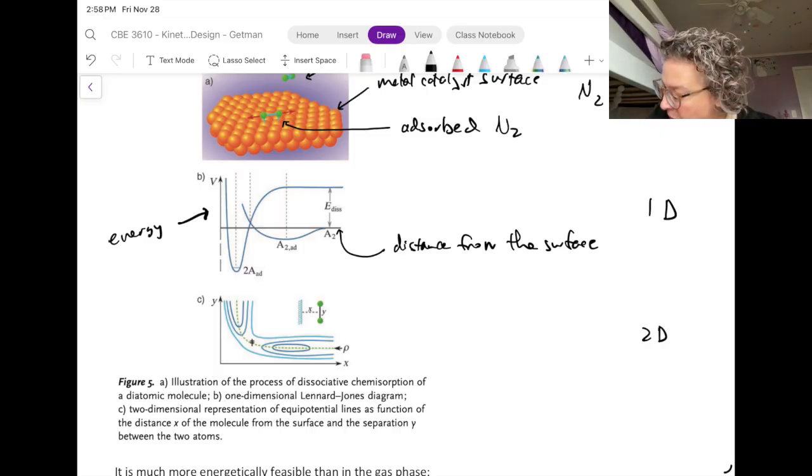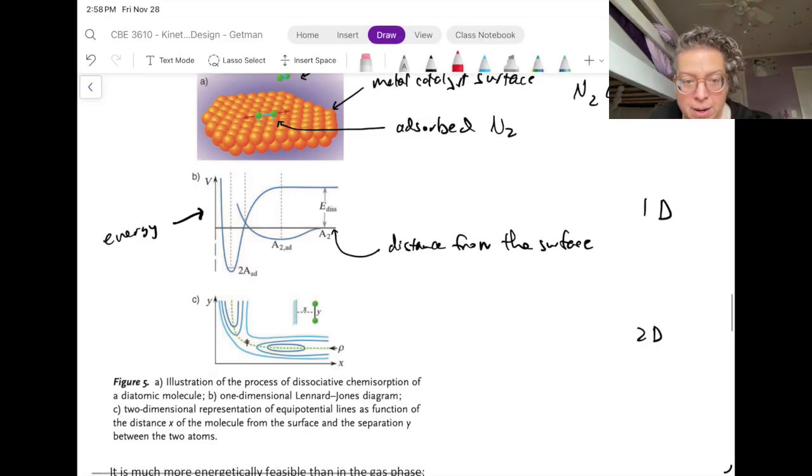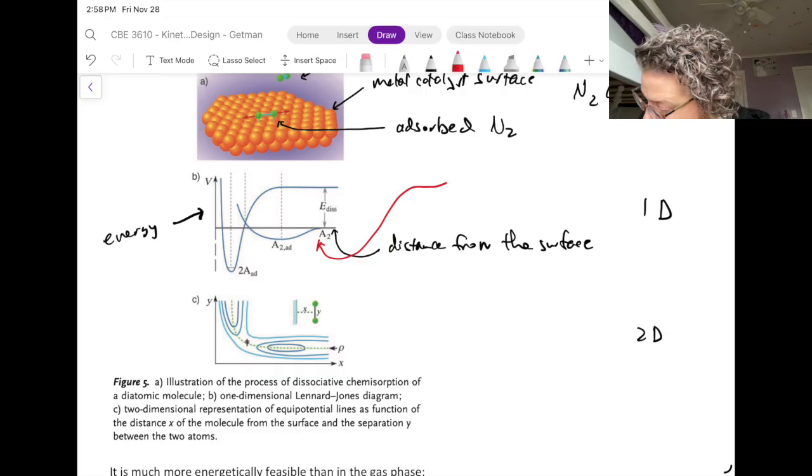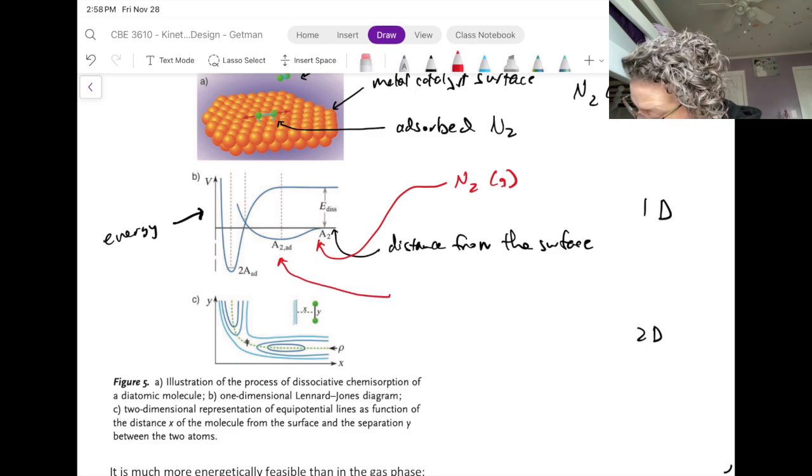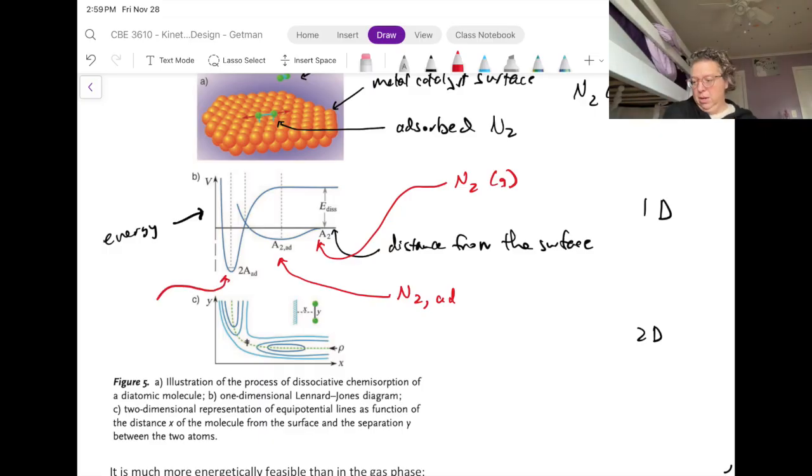If we go through and label what's going on here, right here, that is going to be our N2 gas. This right here is going to be my adsorbed N2. And this right here is going to be 2 adsorbed nitrogen atoms.